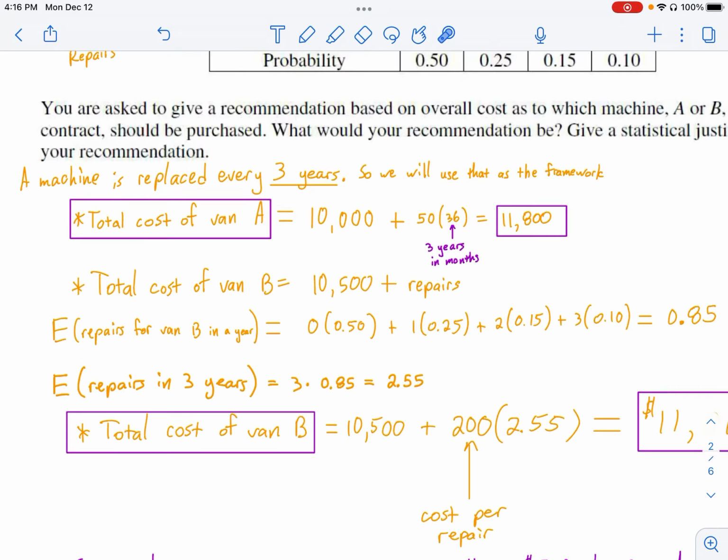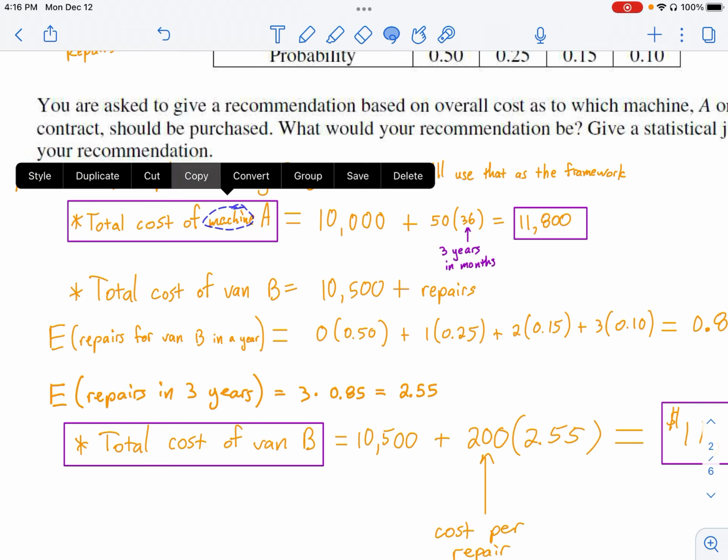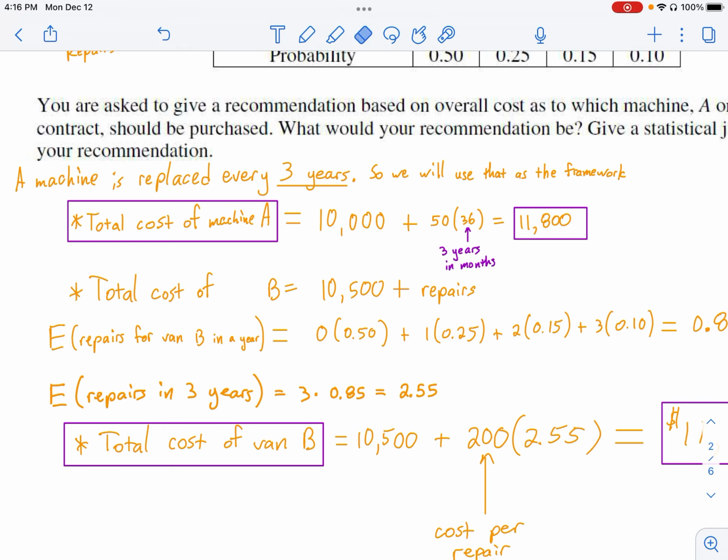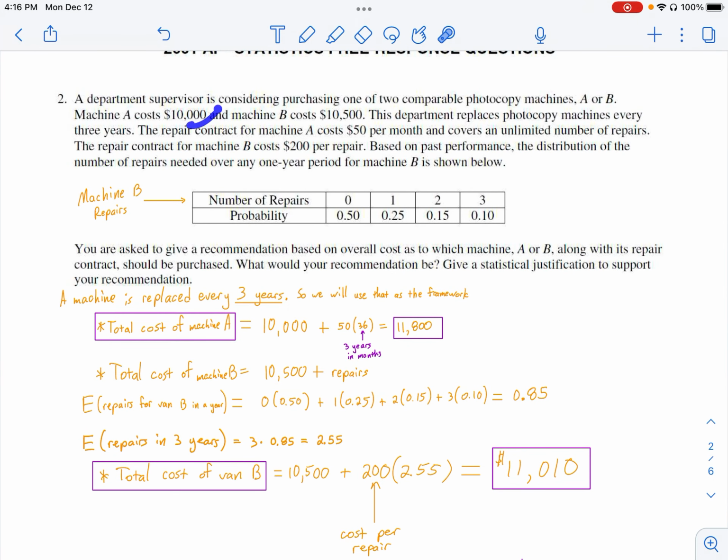So, what am I doing with vans? Machine A. Okay. Machine B. Okay. Anyway, so machine A costs $10,000 off the get-go, so that's my 10,000.